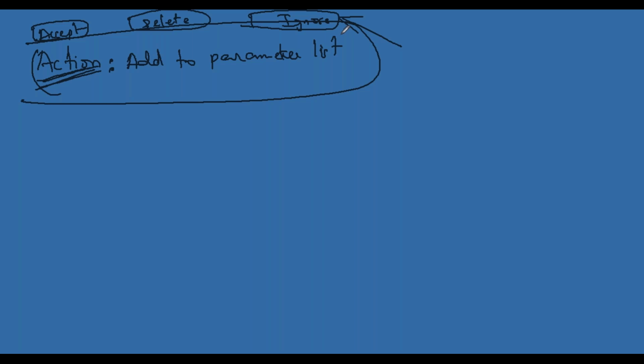Now, with respect to each request triggering a learning suggestion or a violation, or maybe getting that request blocked, there are certain flags which are available in the security policy which you can configure.